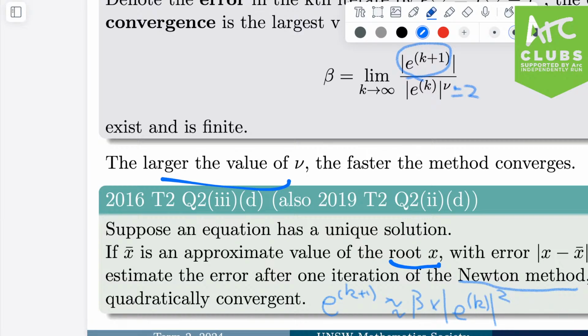So obviously we just want to look at what beta will be. You can just remember that beta is equal to 1 if it is quadratically convergent.